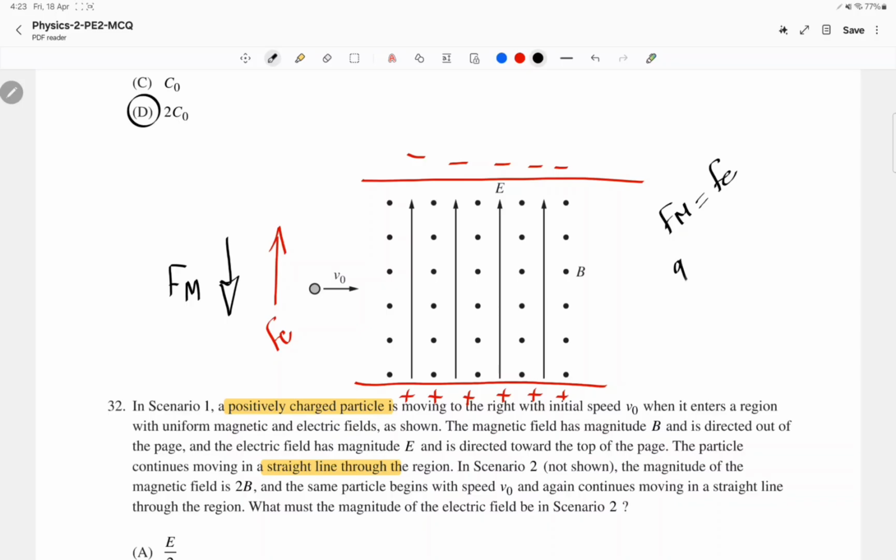Okay, so QvB is equal to QE. Q's cancel, so the electric field is equal to the v times the B. In the second scenario, the magnitude of the magnetic field is 2B, but the same v. So now the B doubled. What happens to the E? Exactly.